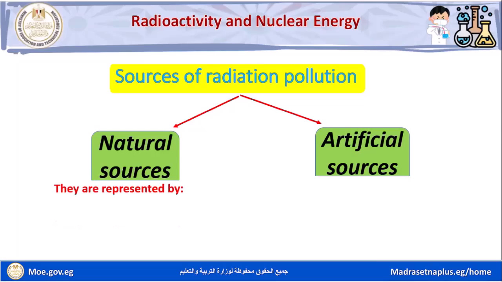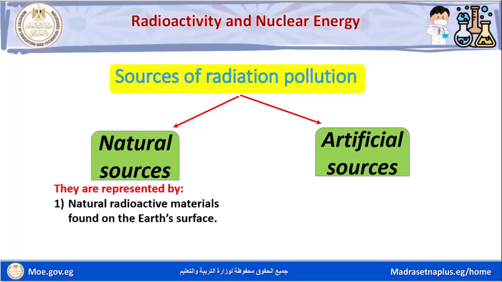According to natural sources, they are represented by, number one, natural radioactive materials that are found on the Earth's surface. Number two, cosmic radiation that comes from the outer space.